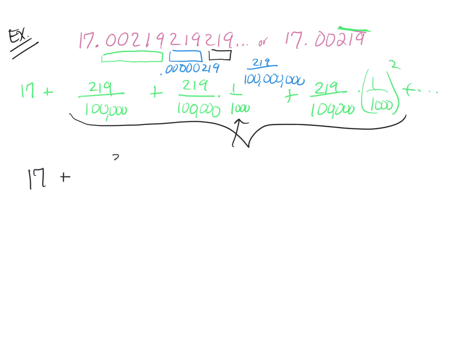The first term was 219 100,000s. And then 1 minus the common ratio, and the common ratio is 1 1,000th.